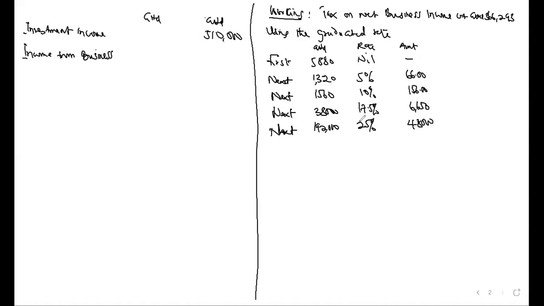I think we can do the remaining now. What will be the remaining? Add all these out and take it out of 366,293. And this one, the rate is 30%.